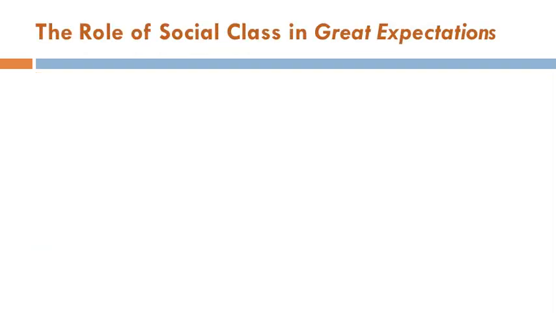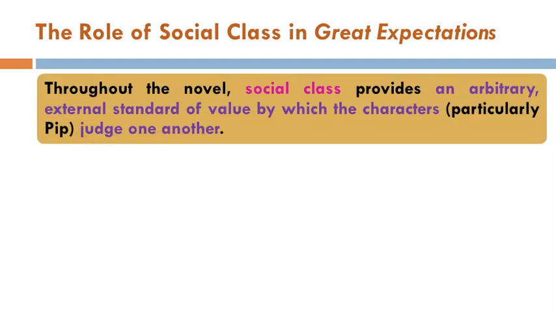The role of social class in Great Expectations. Actually, throughout the novel, social class provides an arbitrary external standard of value by which the characters, particularly Pip, judge one another. So, the basis by which people in Great Expectations judge or value each other is social class.